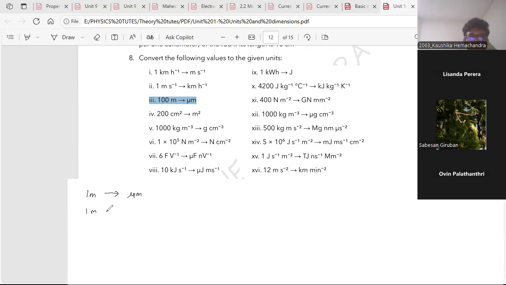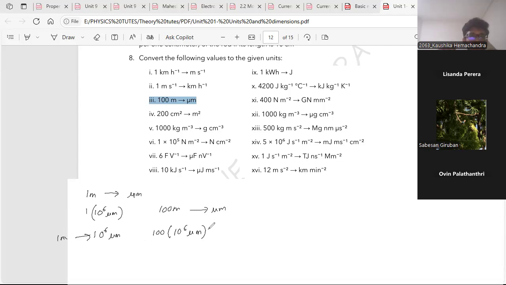So 1 meter to micrometer. In 1 meter, there are 10 to the power 6 micrometers. So 100 meters in micrometers is 100 into 10 to the power 6 micrometers.